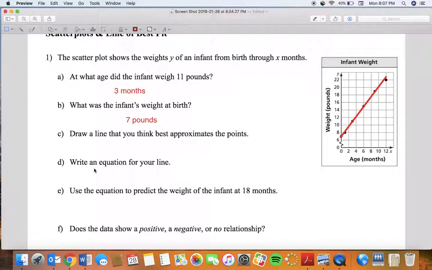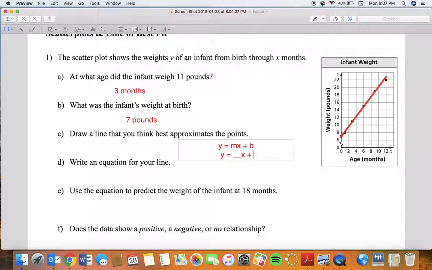Nothing to write down. Part D, I need to write the equation of my line. So remember, I'm filling in y equals mx plus b, where m is the slope and b is the y-intercept. So I need to fill in some blanks here.